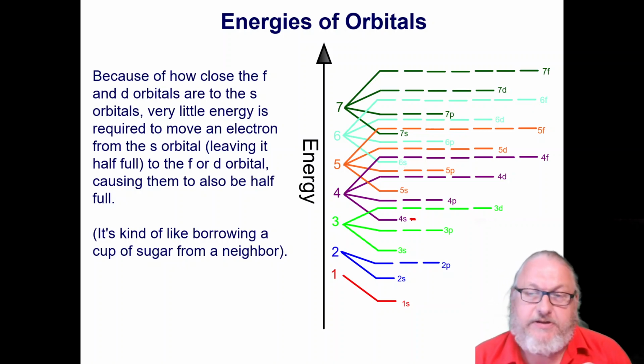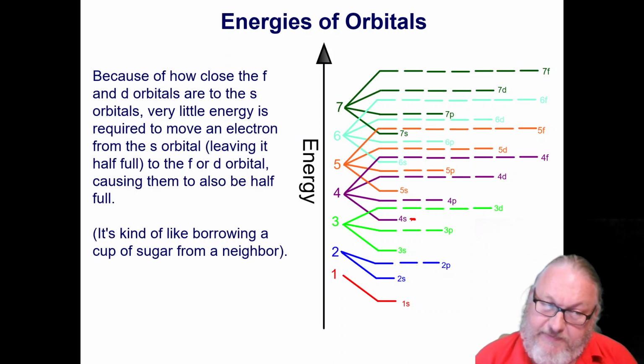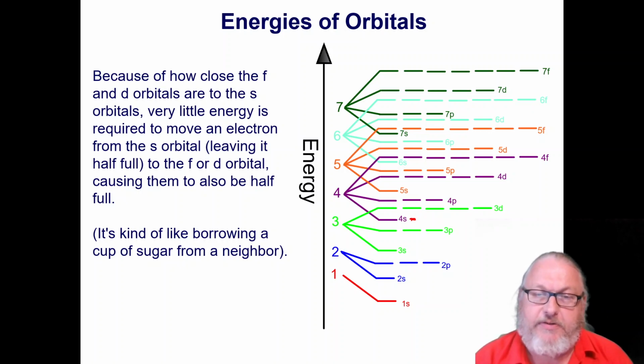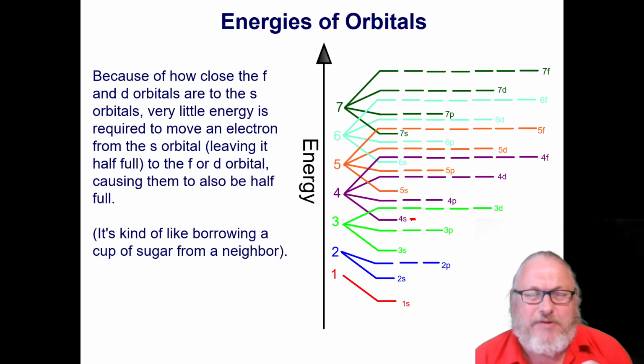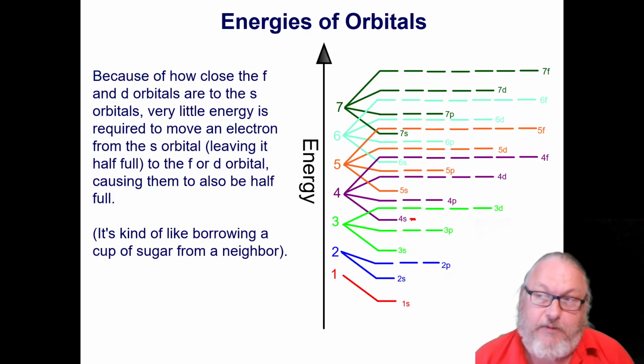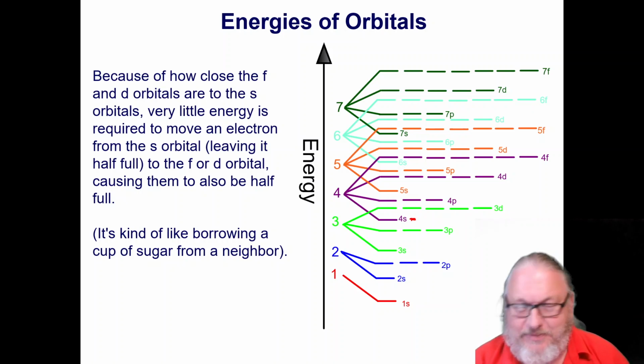So that doesn't take a lot more energy to move that electron from the s orbital. Now it leaves it half full, but they'll put it into the d orbital or the f orbital, and that will cause it to be half full, which makes it happier and more stable than if it just stayed the same.